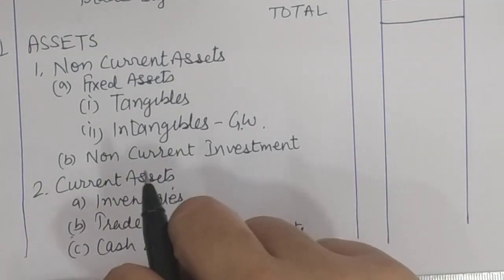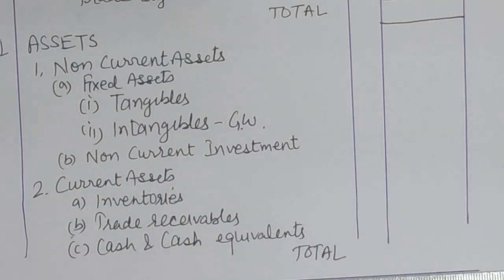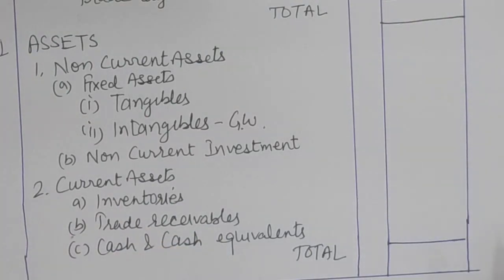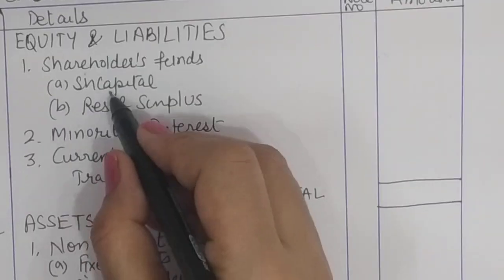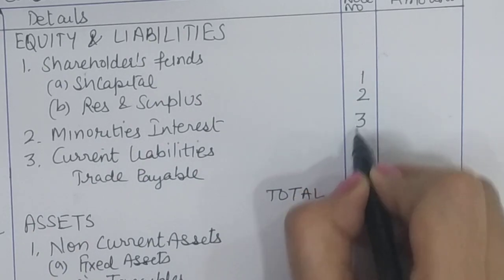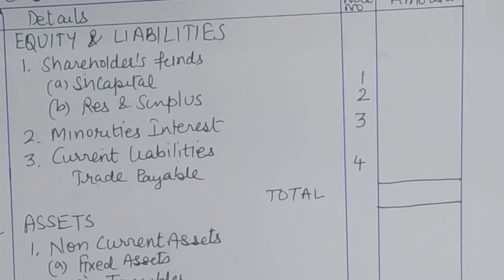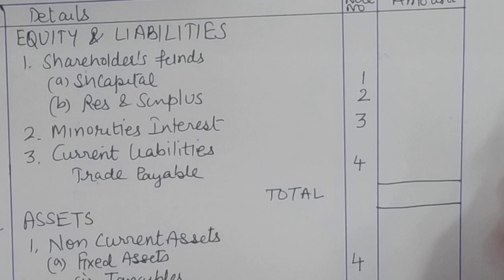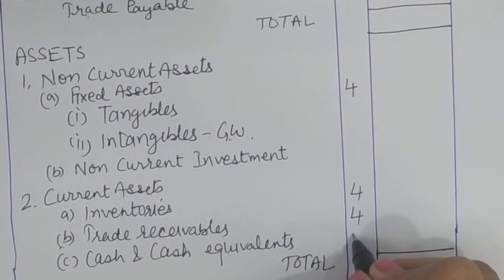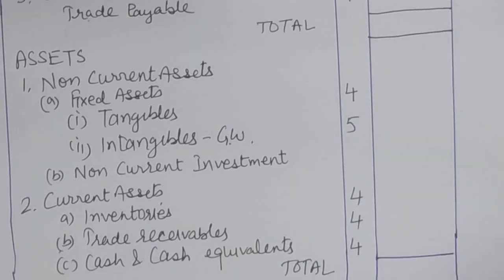Now coming to the numbering part, numbering of the working notes. See here, you have share capital number 1, reserve and surplus number 2, minorities' interest number 3. Now the amounts which are to be consolidated together can all be given only one working note, 444. Intangibles will be written separately.